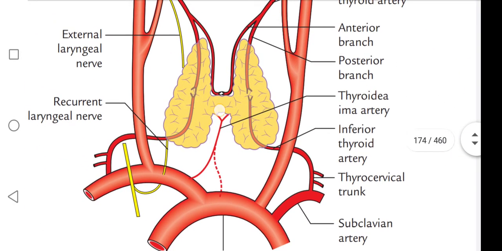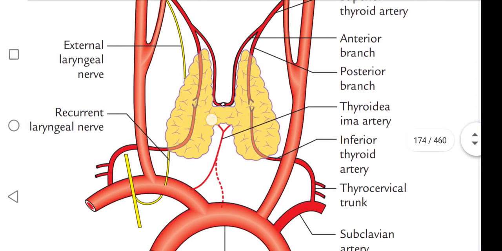This is the inferior border of the isthmus. Here the thyroidea ima artery enters, okay.